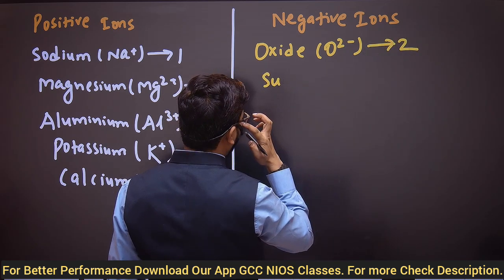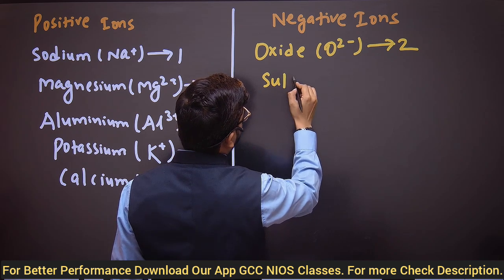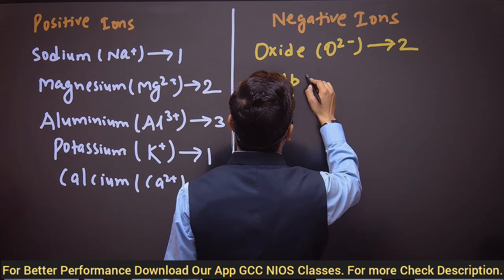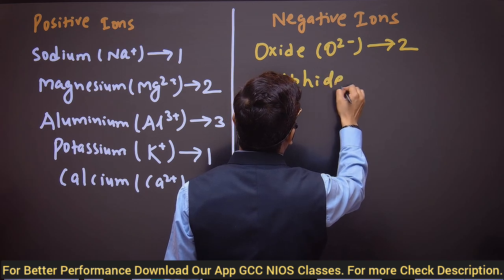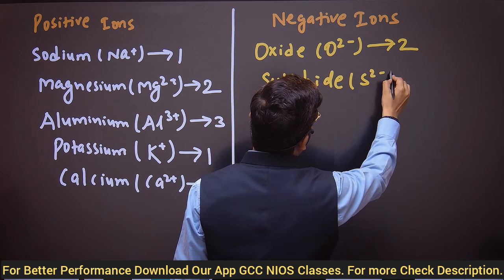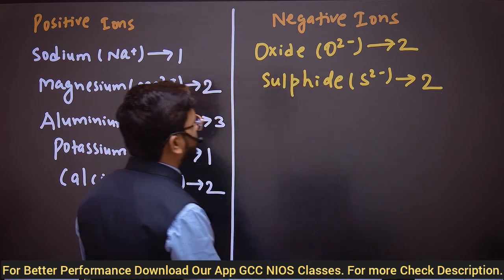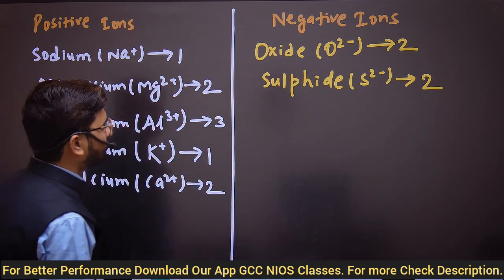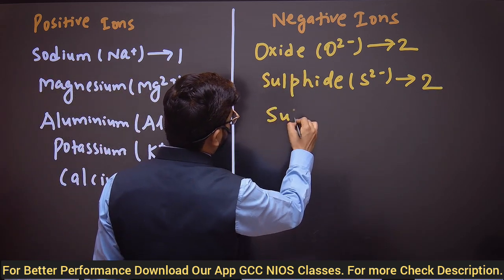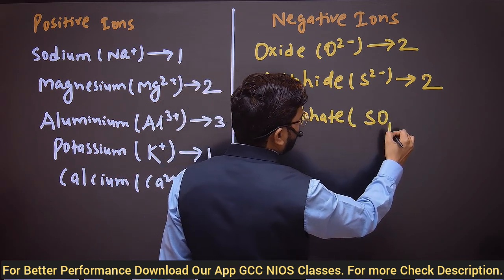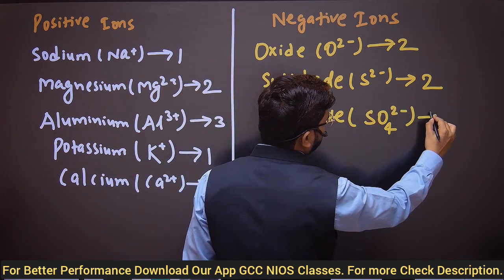Sulfide, S2 minus, its valency 2. Sulfate, SO4 2 minus, its valency 2.